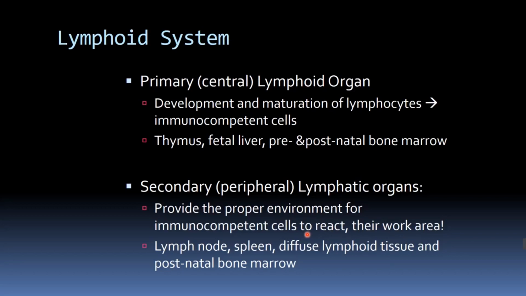You'll see that within regions we call the lamina propria, for example, where we find connective tissue that supports that specific region. It's their playground. This is where they do their functionality, and we'll see how that plays out in a little while. In addition, the secondary organs, we can name them: we have the lymph node, spleen, this diffuse lymphoid tissue, and then the postnatal bone marrow, where this action can take place too.